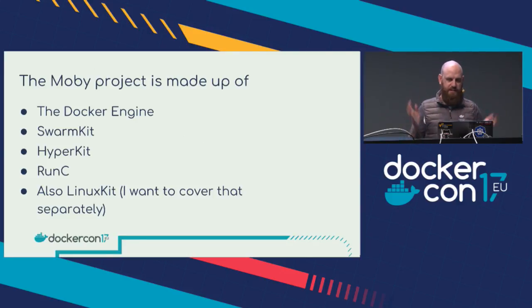So Moby is a whole heap of tools that make mostly the Docker engine, but you can take bits and pieces of the Moby project and start to build tooling on top of it because it's fully plug and play. Like I spoke about SwarmKit on top of containerd, HyperKit runs Docker for Mac, all this stuff's plug and play. So that's what the Moby project is.